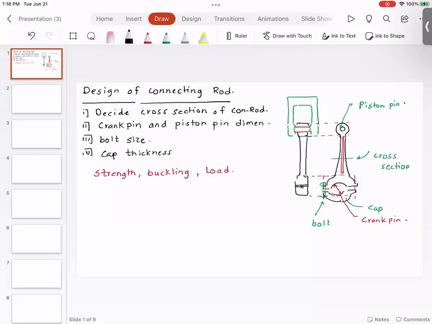Now, as you know, the piston is reciprocating at very high velocity. So the inertia loads are quite high.